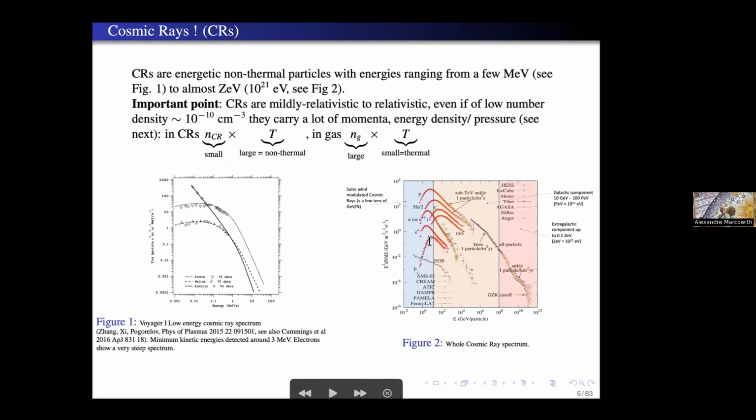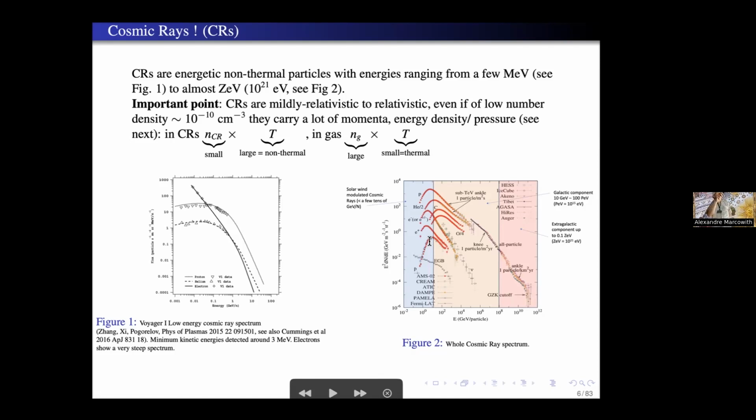This is the picture we have now, from some years ago, from the Voyager probes, because they are not exactly in the interstellar medium, but not far from it, and they are able to measure the particle distribution beyond the solar modulation, down to rather small kinetic energies, about 3 MeV for protons or helium, and a bit larger for electrons. So here are the proton, helium, and electron spectra.